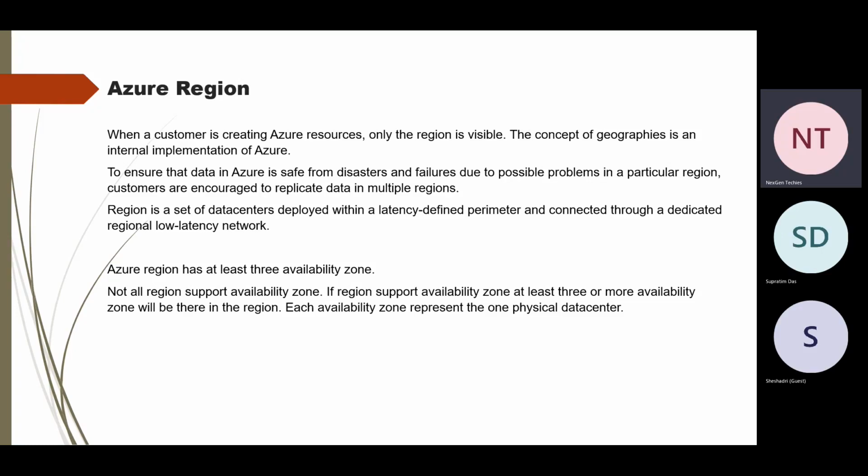One availability zone represents one physical data center. Not all regions support availability zones, but the region has at least one data center. If a region supports availability zones, that particular region will have 3 or more availability zones, meaning 3 or more data centers.